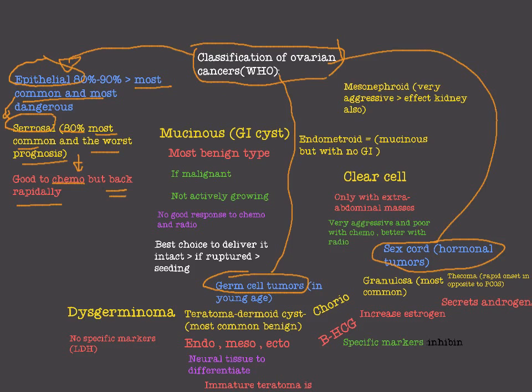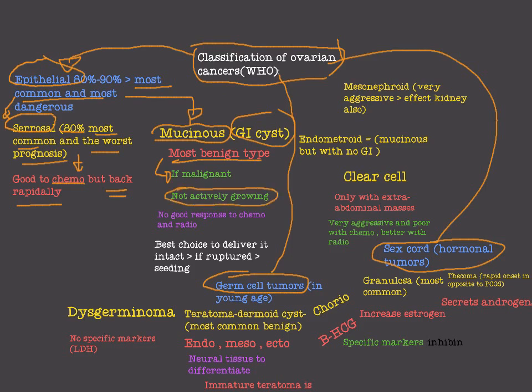The second type of epithelial ovarian cancer is mucinous cancer. Mucinous type is actually the most benign type. It is like a GI cyst, and it is the most benign. If it is malignant, it is not actively growing a tumor.